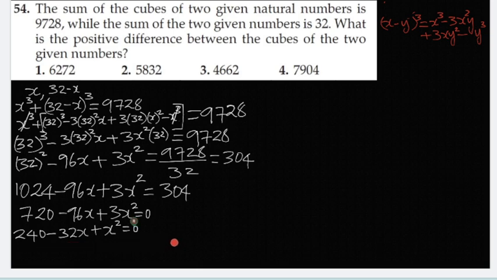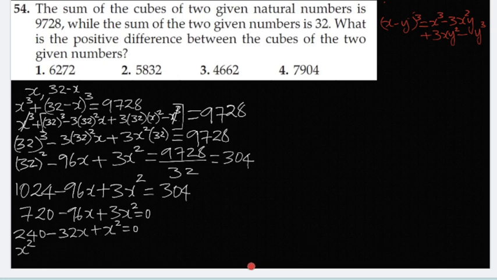Now we can easily find the value of x from this by splitting the middle term or finding the factors. So we can rewrite this as x square. What we need here is two numbers whose product is 240 and whose sum is 32.